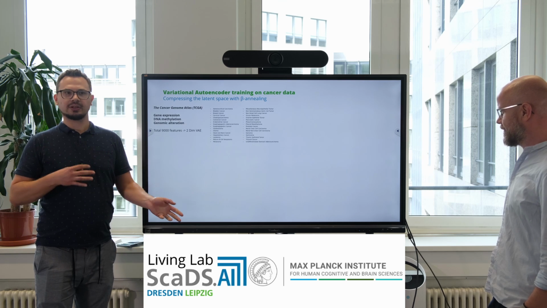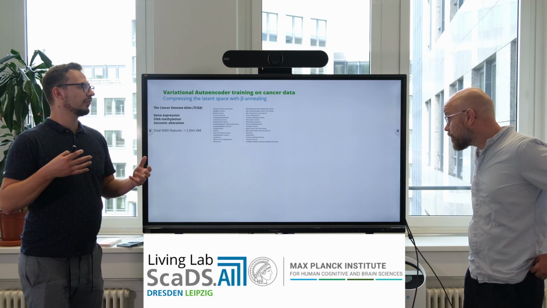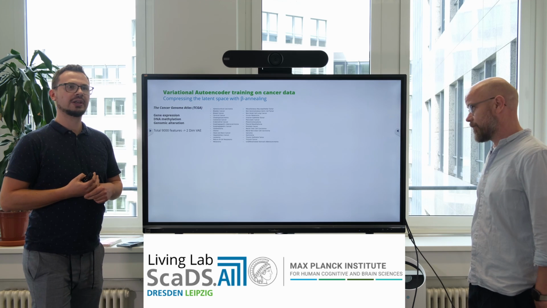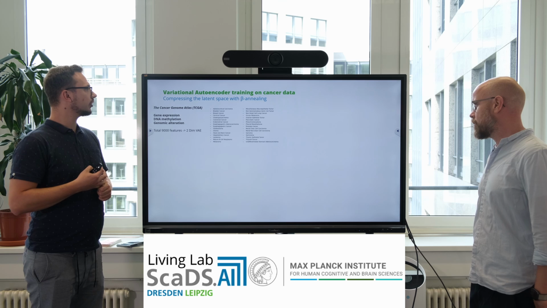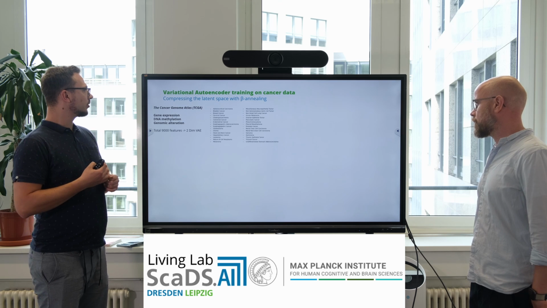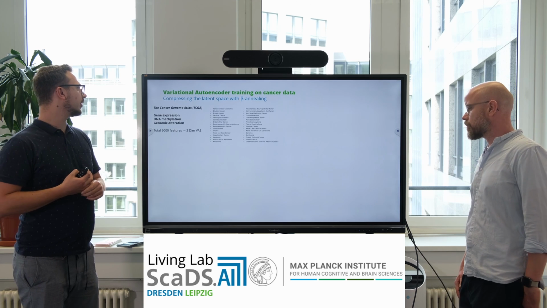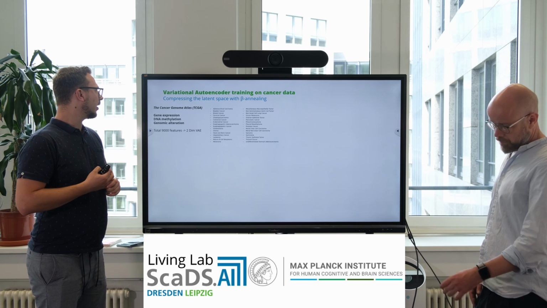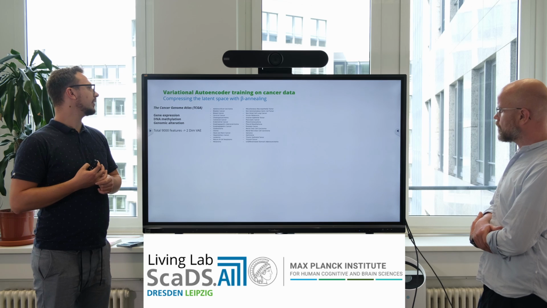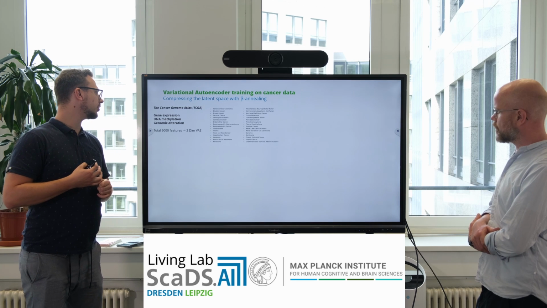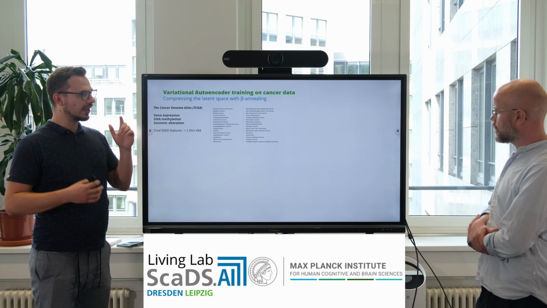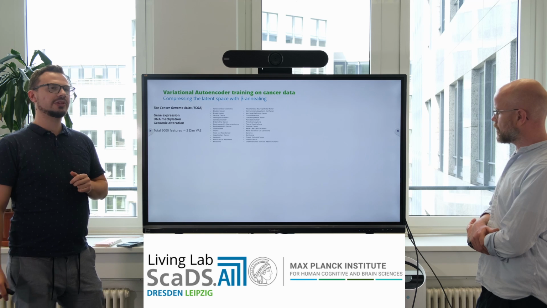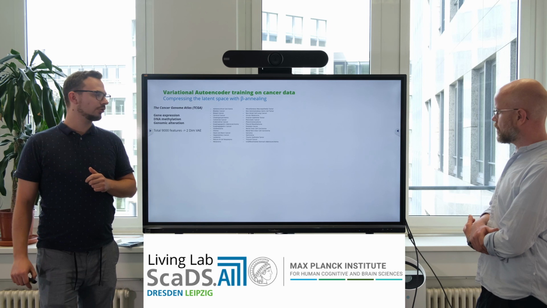After all the theoretical stuff, let us also have a look at an example for training an autoencoder. So here I bring you along an example based on the pan-cancer data from The Cancer Genome Atlas, the so-called TCGA data, where we have 3 different data modalities: gene expression, DNA methylation, and genomic alterations.